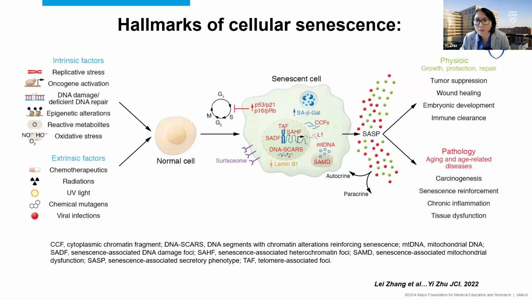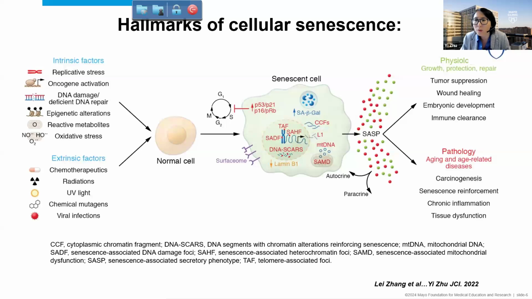First, they will have a cell cycle growth arrest, accompanied by an increase of two commonly used markers for senescence, P16 and P21. They are basically cell cycle inhibitors, and this is also combined with dysfunction in the lysosome.